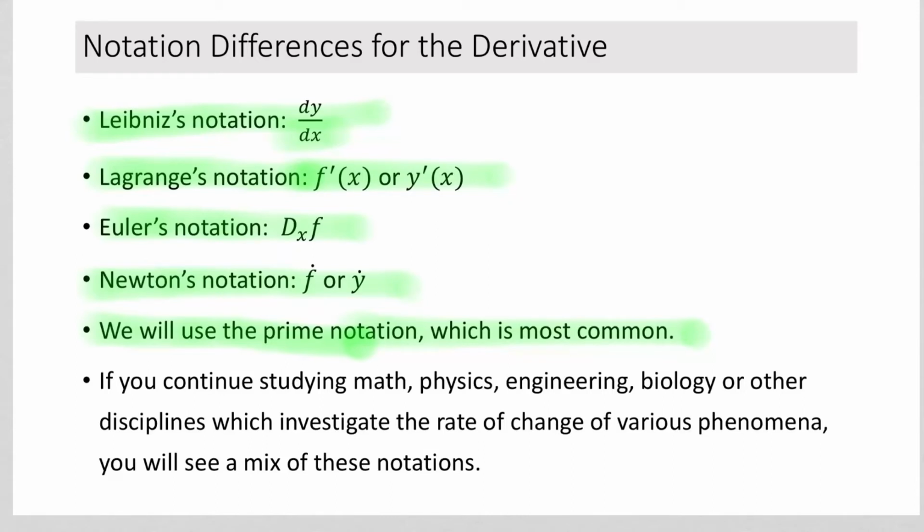But you'll notice, as I did, that if you continue your study in any math-related field, you're going to encounter many of these different notations depending on your textbook, your professor, and the discipline. There are a lot of different ones.